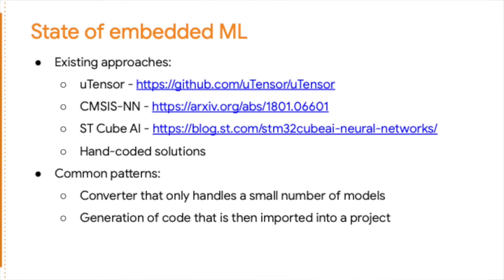Even if you think you've got a good spread of models that are supported, I guarantee that the next customer that comes to you will have some model that's using some op that you hadn't thought of, or some op that you hadn't supported, or some combination of ops that doesn't work well for your converter. So it's very hard to scale writing a converter from a training environment to one of these specialized frameworks.